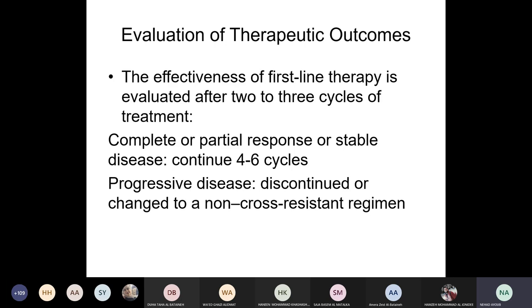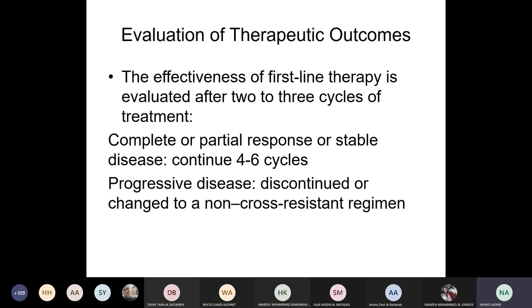Again, if we treat patients we usually reassess. We said that on average we give the platinum doublet for 4 to 6 cycles. We always do reassessment, usually after the first 2 or 3 cycles of the platinum doublet, roughly midway.